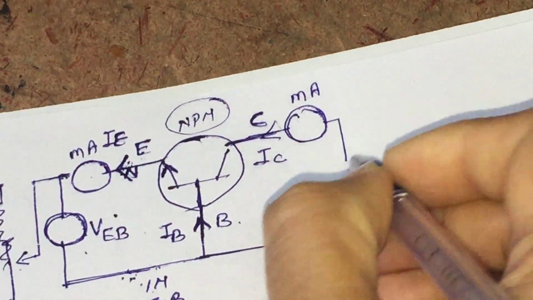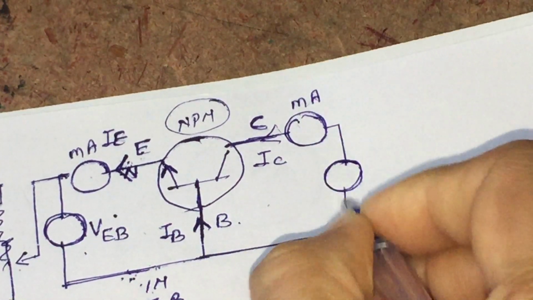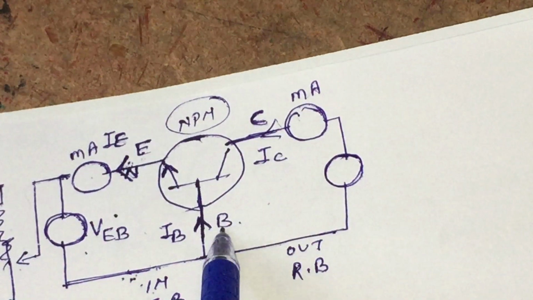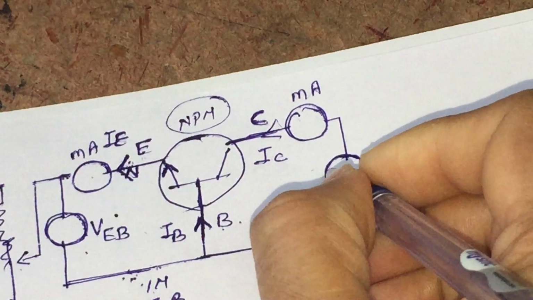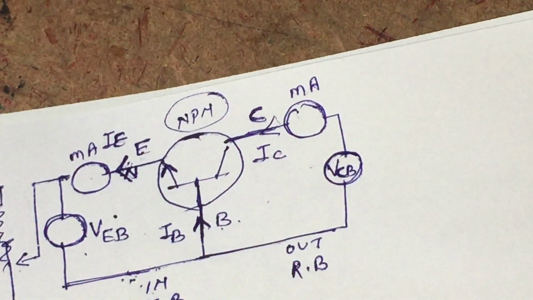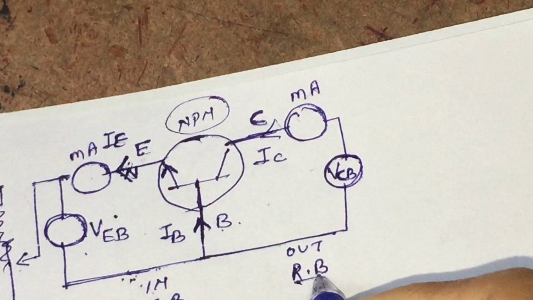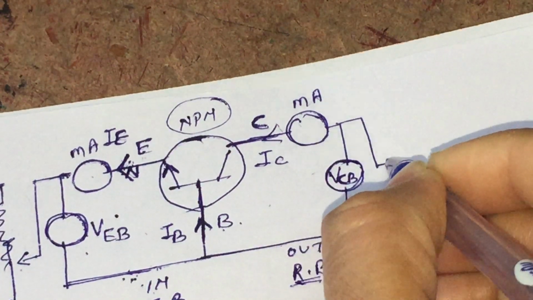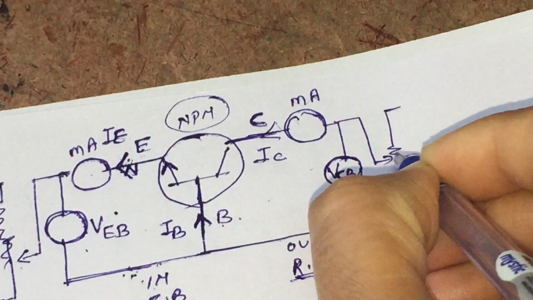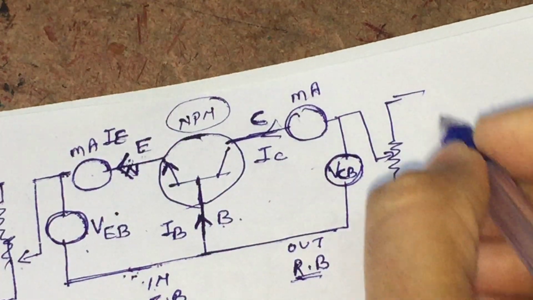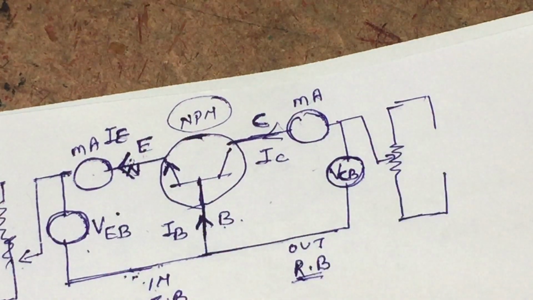To find out the output voltage, that is the voltage between the terminals collector and base, we have to connect a voltage source, and now this voltage source is our VCB. And to give the reverse biasing in the output circuit, we will have a potential divider circuit or a rheostat, so that with the help of a voltage source, we can give a reverse biasing.